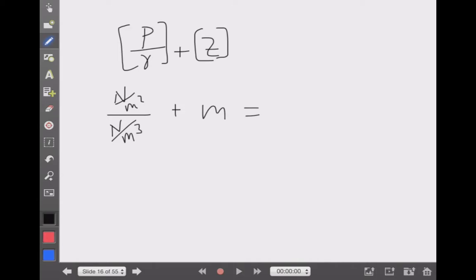This gives us 1 over meters plus meters, and as we saw before, 1 over 1 over meter is just a meter. So P over gamma has units of height.